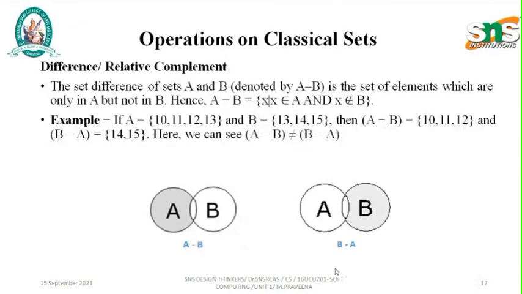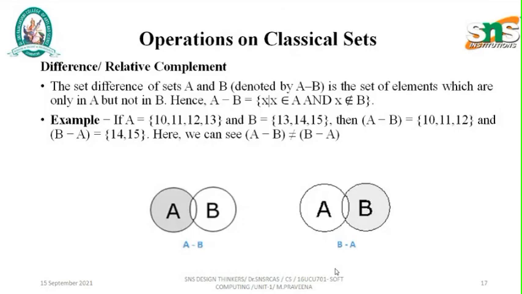Next, we are going to see the difference or relative complement. What is the difference? When set A and set B are there, all the elements in set A which are not present in set B are called the difference.